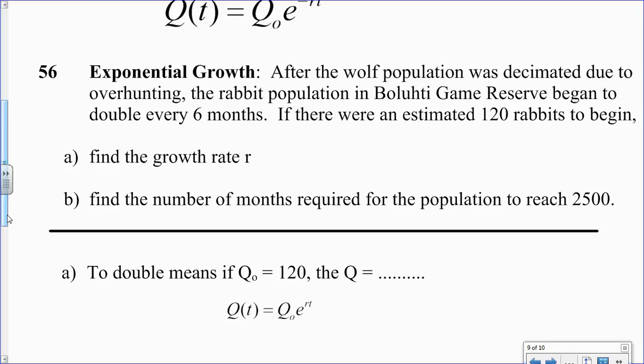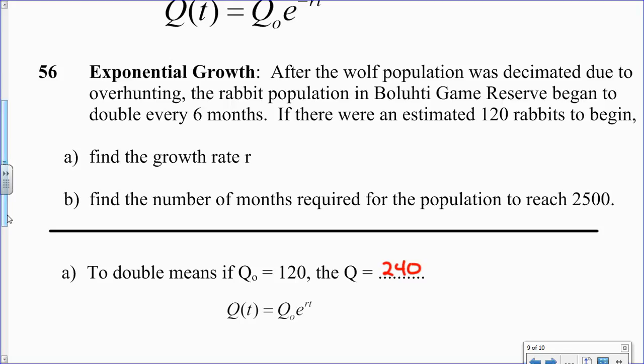So part A, to double means if your initial was 120, then what's your final amount going to be? If your initial is 120, your final amount will be, no, other way, 240. Yeah, we're just talking about your final amount of rabbits here. Okay.